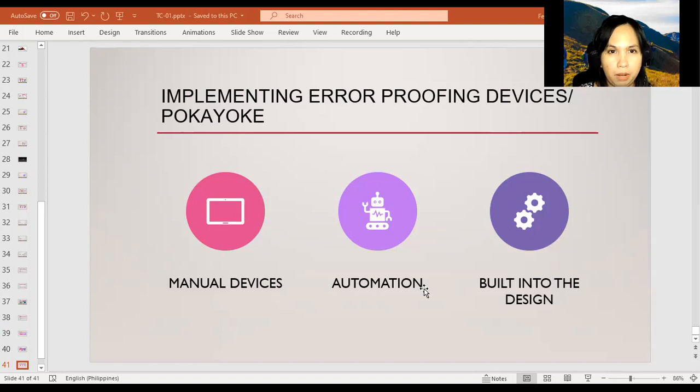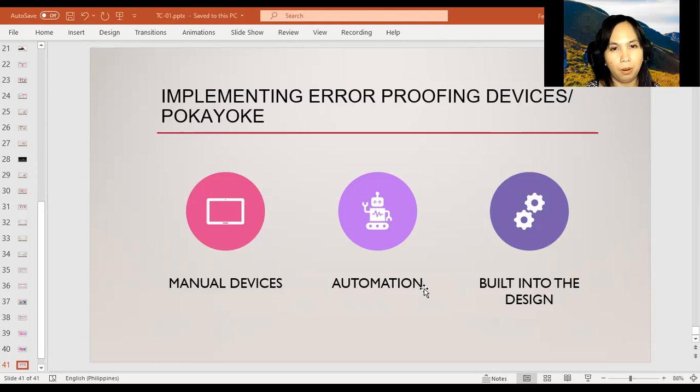Now, once the problem has been contained, you should immediately enter into problem-solving mode in order to identify countermeasures that result in the creation of a Poka Yoke device or even multiple devices. And then also, we should continuously strive for zero defects.